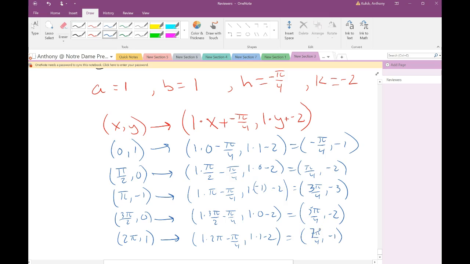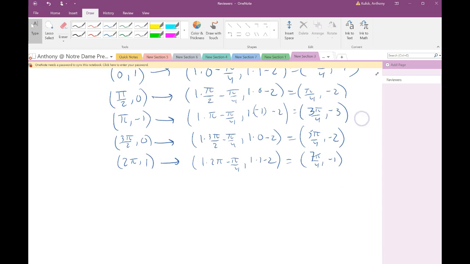Is that better? So far, everybody okay? Again, nothing surprising happening here, right? It's just doing the same thing over and over again. Part of the reason why I like doing it this way is that the hardest thing you have to do is pick out the A, B, H, and K, and then add, subtract, multiply, divide, and then plot what you get. So it's not too bad, right? Should be a pretty doable procedure there.